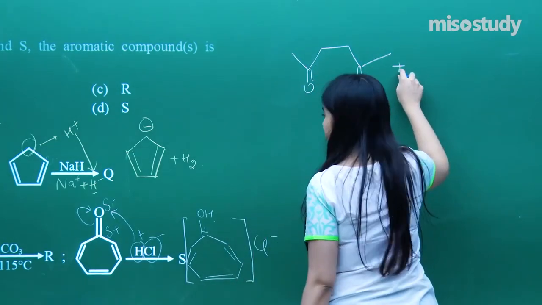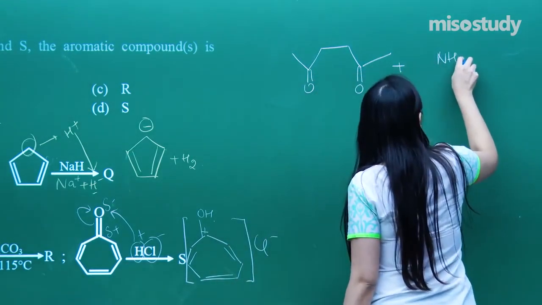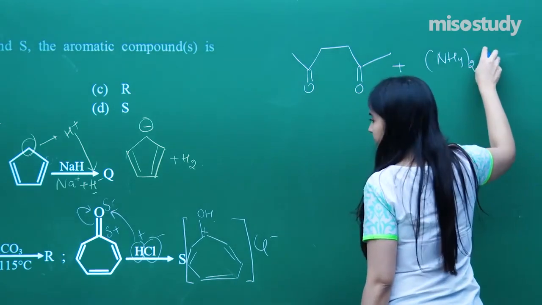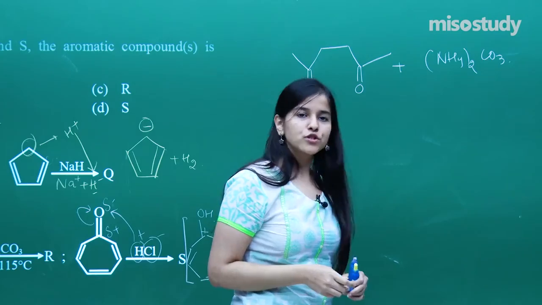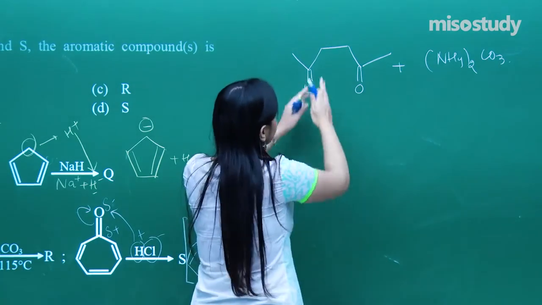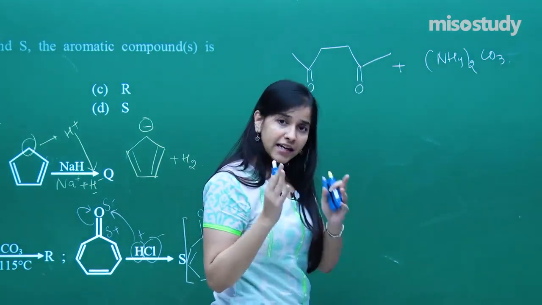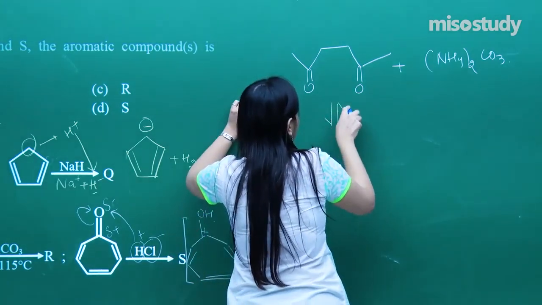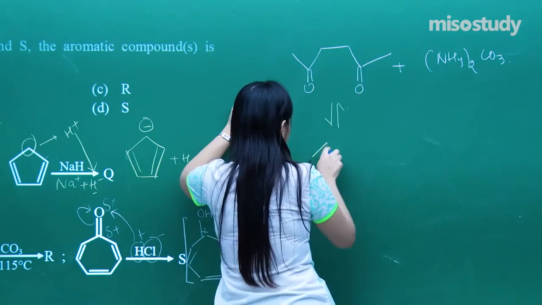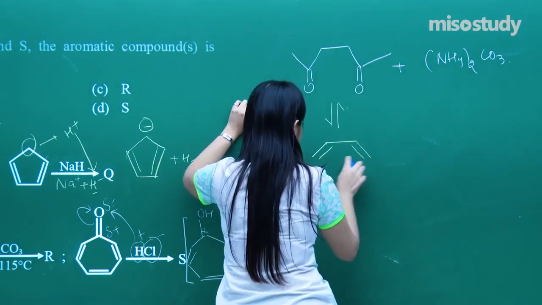That is the structure, and NH4 whole twice CO3. This is what we have. Now what to do? First, if you see, this is a diketone. It can exist as enol form. So let me just make an enol form for this structure. It would be something like this.